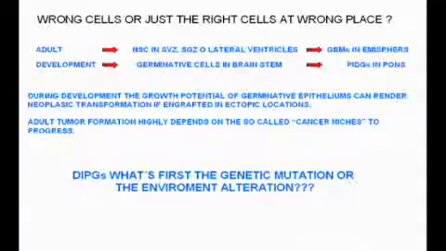The question I started with is, we have tumors like glioblastomas, and they have neural stem cells that can originate in the subgranular zone or subventricular zone, and they grow in the hemispheres.